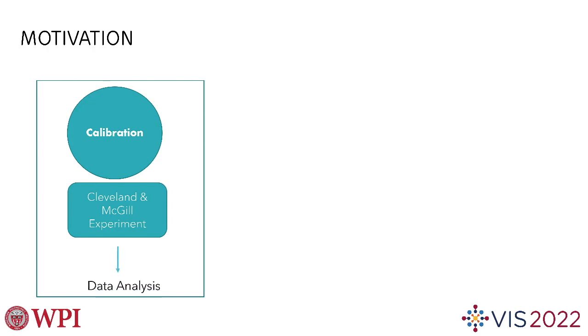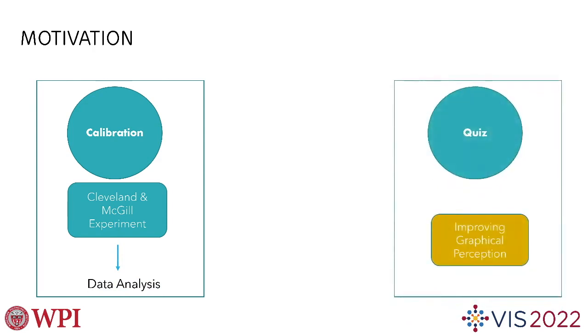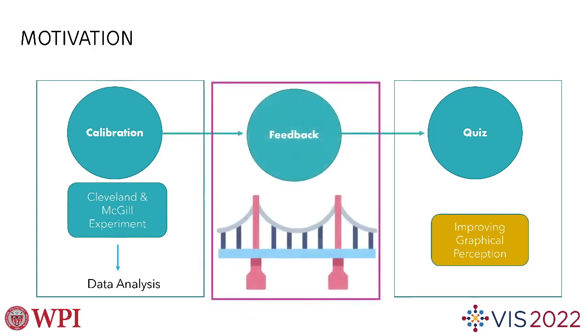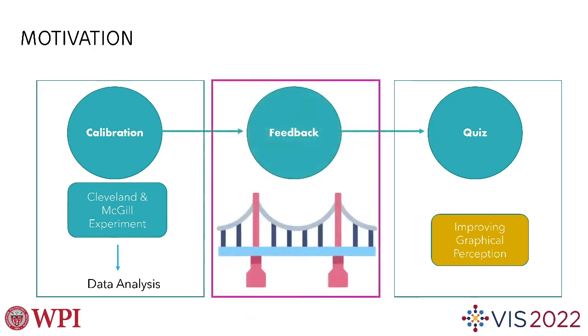These questions can be used to calibrate people's graphical perception and also be used to test the result, just like how a quiz works. All this vision is based on whether we can provide proper feedback. Participants can take this quiz, learn from feedback, and calibrate their graphical perception and improve their chart reading skills, just like how quizzes are supposed to work.